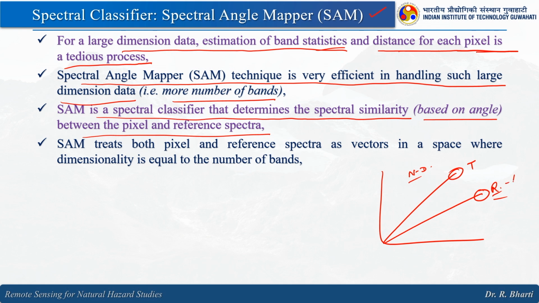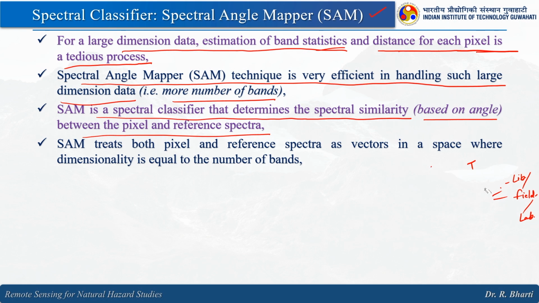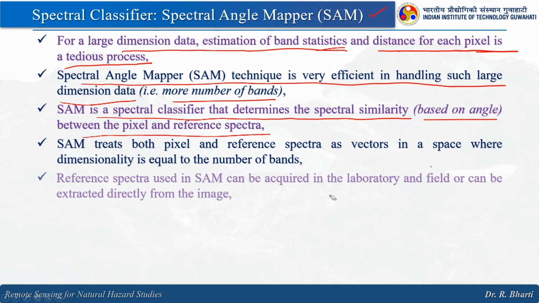It can be from library or it can be from field or from lab, right. So, this SAM treats both pixel and reference spectra as a vector in a space where dimensionality is equal to the number of bands. Remember I mentioned the n-D plot, that means the n is equal to the number of bands.